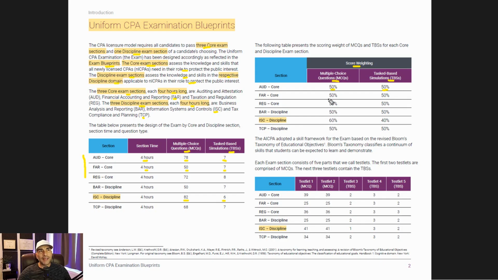However, in the case of ISC, because it has more multiple choice questions than any of the other exams, the multiple choice is 60% of your score, while the task-based simulations are going to be 40% of your score. So that's the difference between ISC and the other 5 exams.